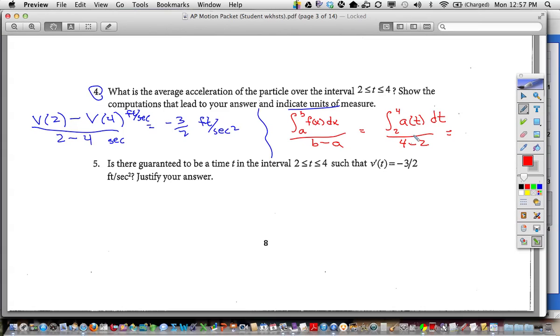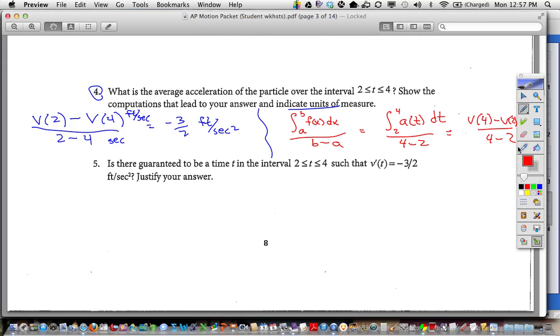Now, how do we do the integral of acceleration? Well, fundamental theorem part 2, we do what? Antiderivative. What's the antiderivative of acceleration? Velocity. So we plug in a 4, we plug in a 2, look what you get. Same thing, right? When you're doing average value of acceleration, because it's antiderivative, you do that.